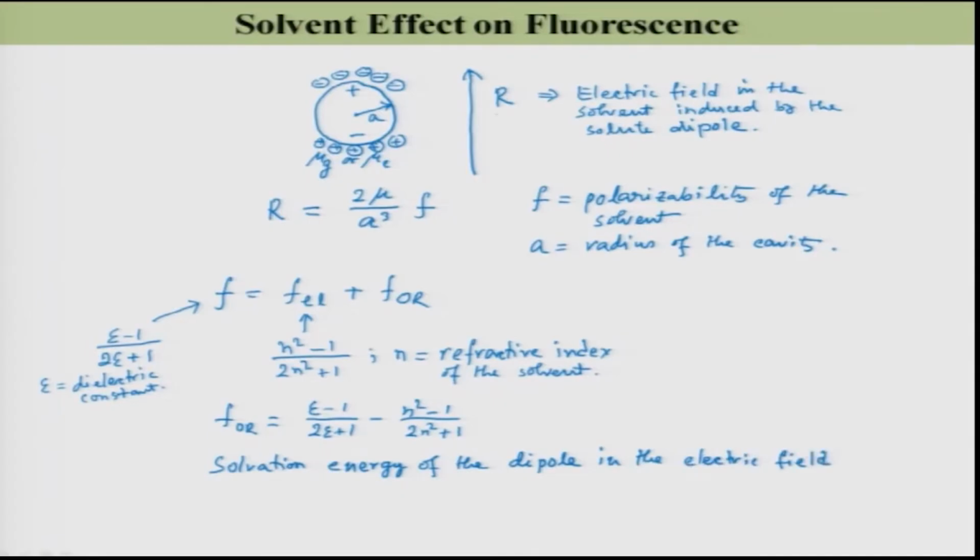That electric field R, can be written as delta E equals minus mu dot R. This mu is my solute dipole.